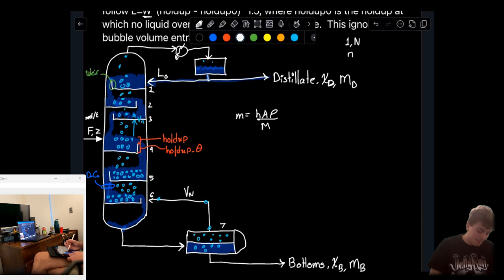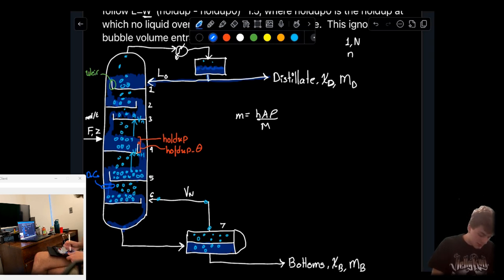Okay. So again, coming off of a tray is going to be V sub n for that tray. Now, we also have what's going onto that tray. Well, that should just be the n plus 1, right? By this convention that we're using here.